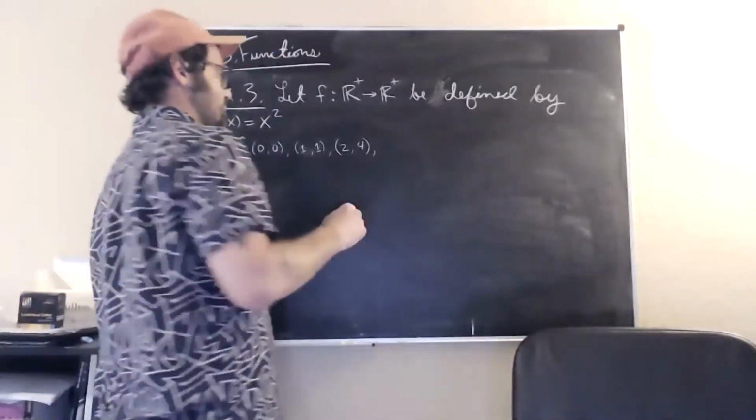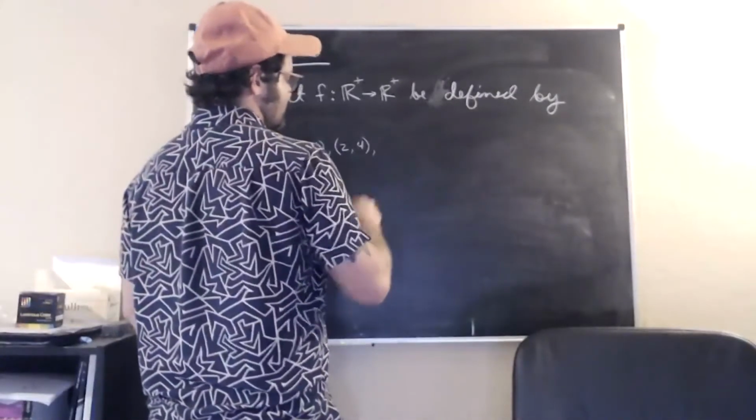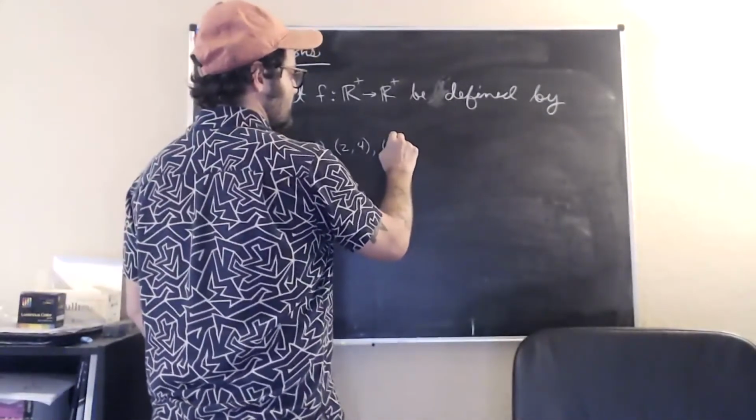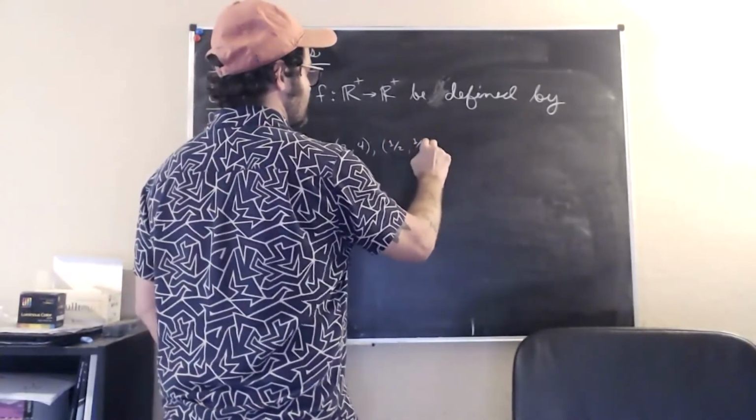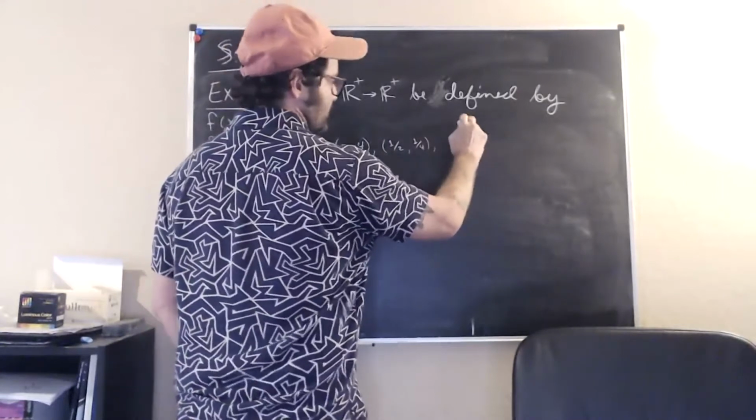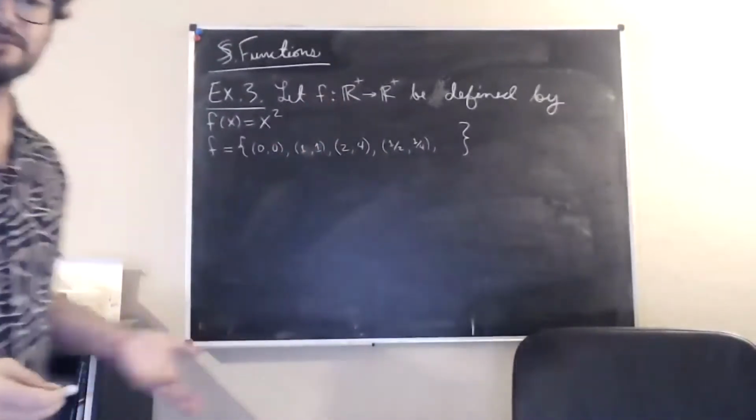And then what else is in there? There's all kinds of things, right? Like 1/2, 1/4. There's an uncountable number of things in there.